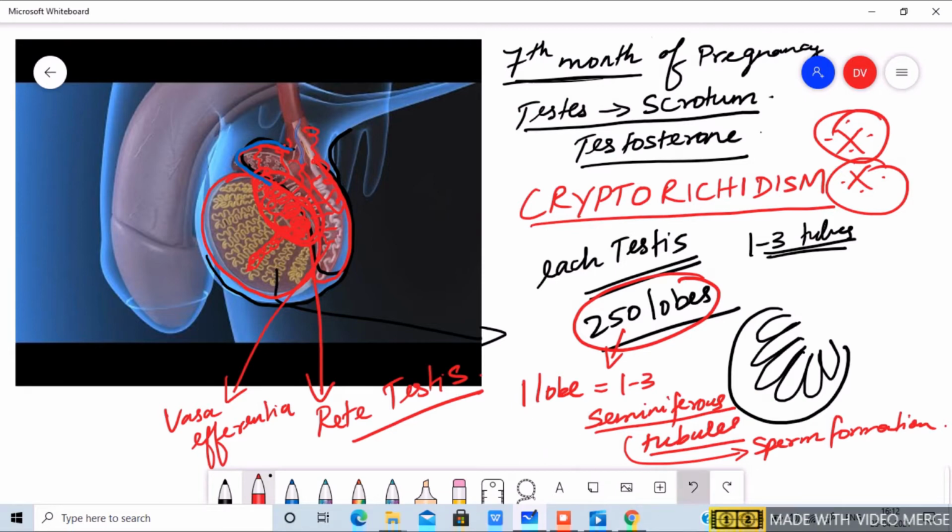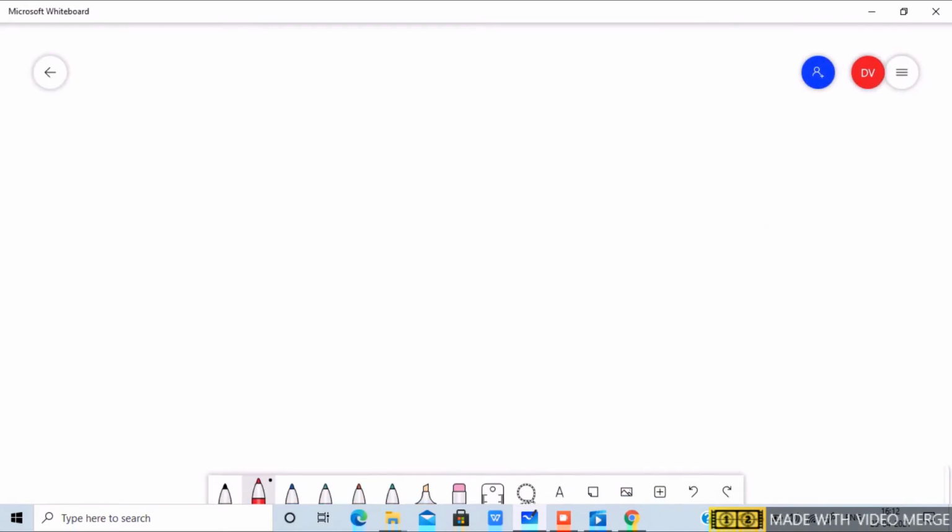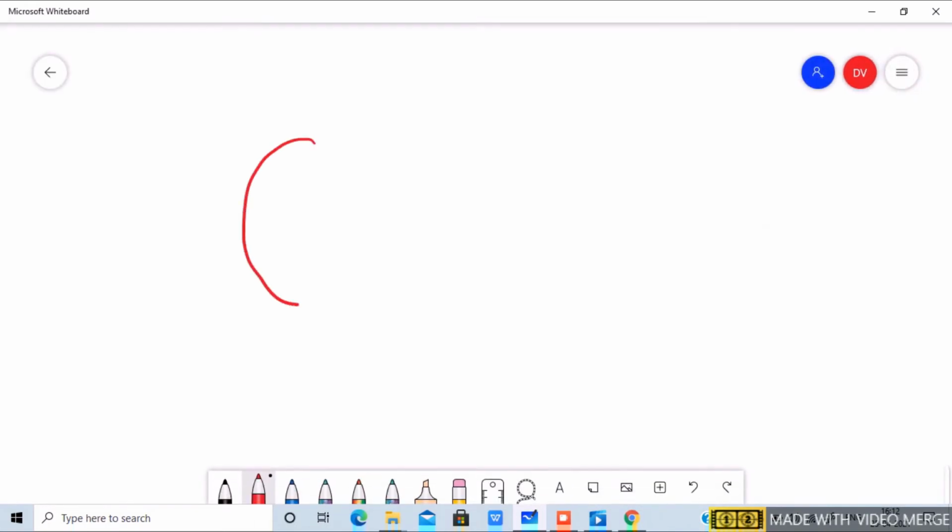Let us go back once again. See guys, if this is the testis, the testis has lobes like this. You have 250 lobes like this, but I cannot show you exactly.